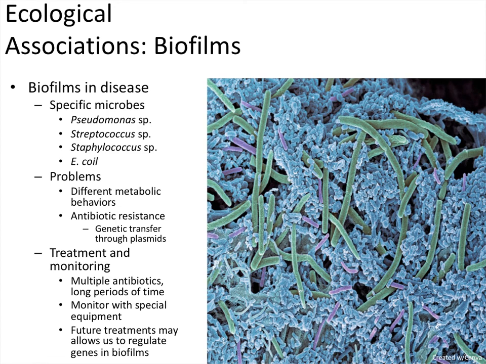So there is a lot of research going on right now to try to figure out if we can create a medication that will interfere with the genes that are used to actually make the biofilms. So if we can interfere with the genes that the microbes are using to make the biofilm and keep up the biofilm, then we can basically stop the biofilm from existing and treat the infection with existing antibiotics.